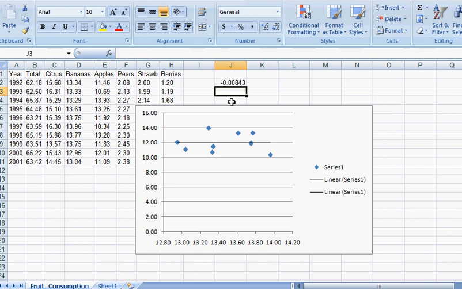It's got a negative sign, which means that as one increases, the other goes down. But the relationship is so close to 0 as to be meaningless.